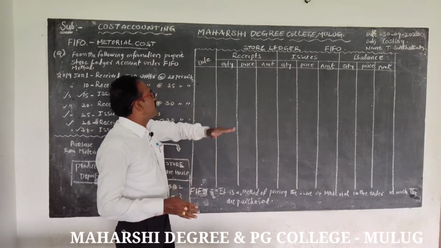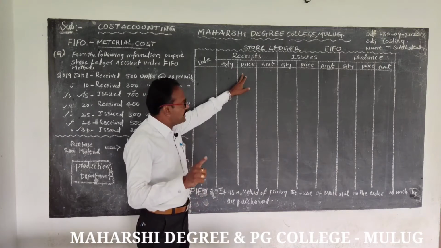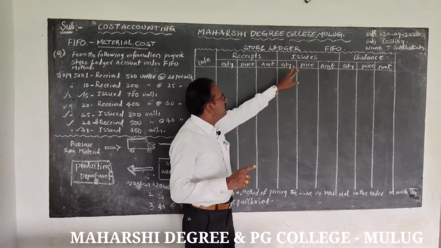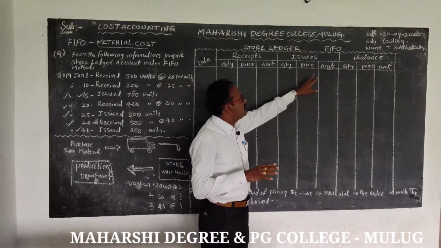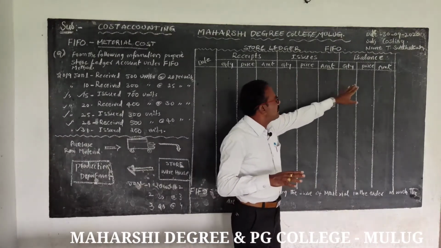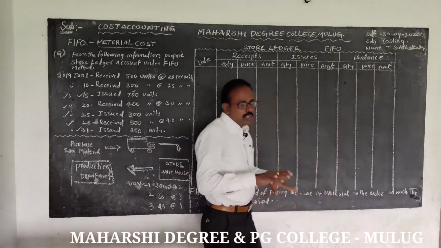Receipts are subdivided into quantity of goods, price, and total amount. The issued columns are also subdivided into quantity, price and amount, and the balance column is also subdivided into quantity, price and amount.